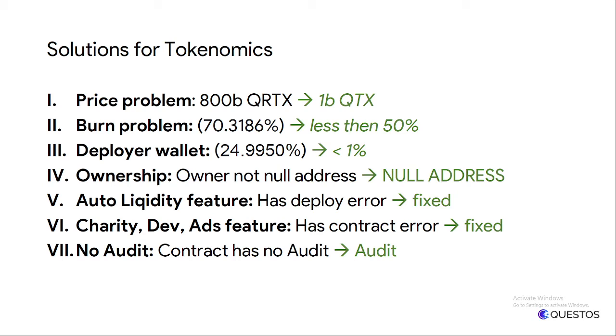The ownership being held by an address is not good, so we should change it so that the null address is the owner. The auto liquidity feature should be fixed, and also the charity, dev and ads feature should be fixed. And we should have an audit for the contract.